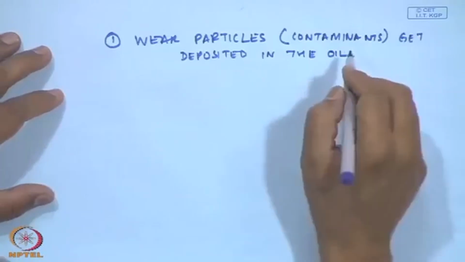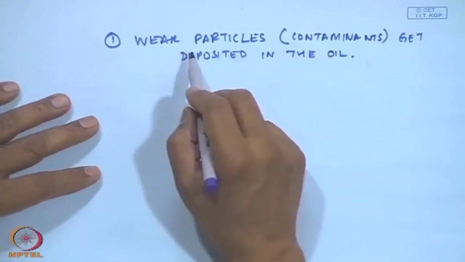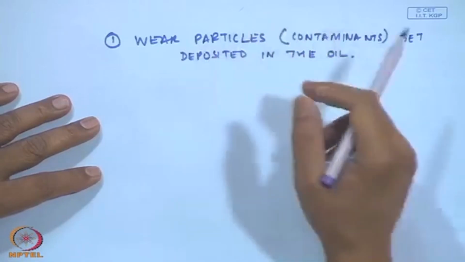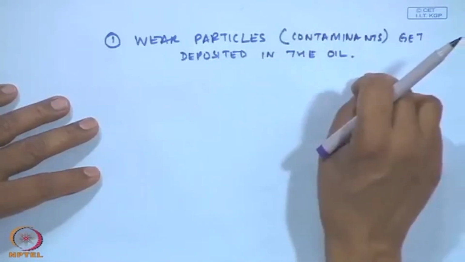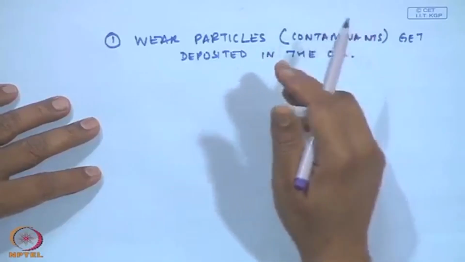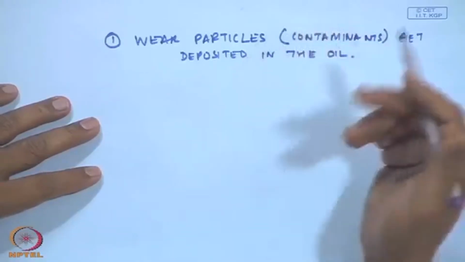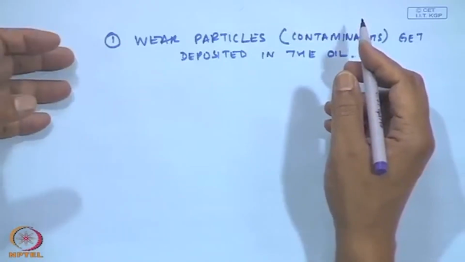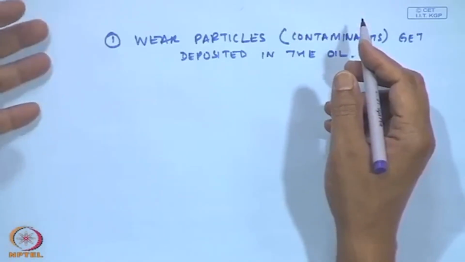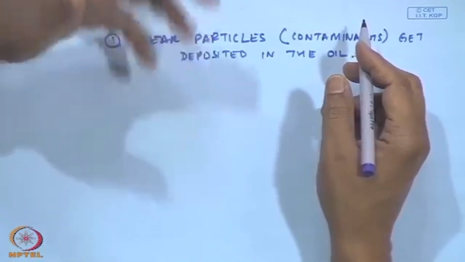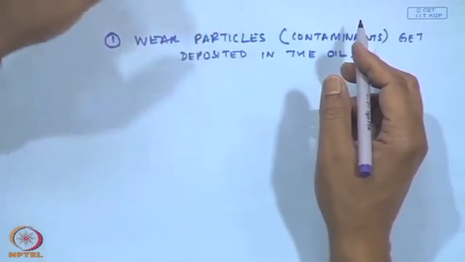The concentration of the wear particles, the nature of the wear particles, and the rate at which they have been deposited in the oil give us some clue as to what is wrong with the parent material from which they have worn out, maybe because of excessive load, less lubrication, or temperature effects. These are factors responsible for the wearing out of these particles from the mating members.